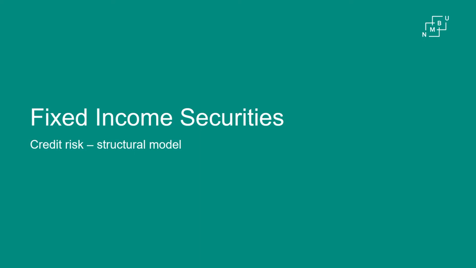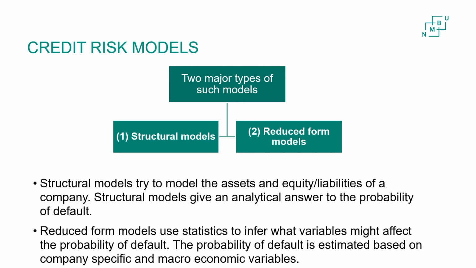Today we're going to look at credit risk, more specifically the structural model. The two major types of credit risk models are the structural models and the reduced form models.